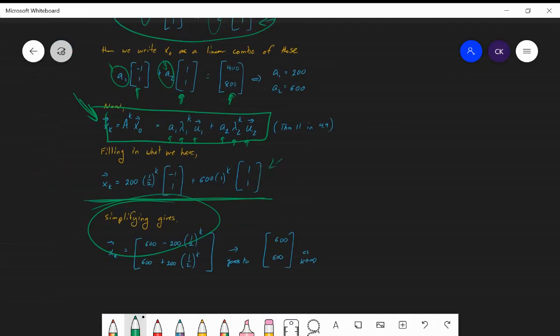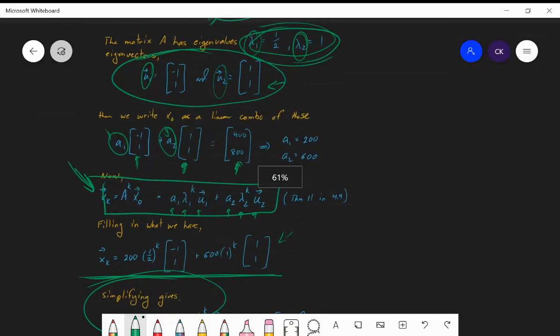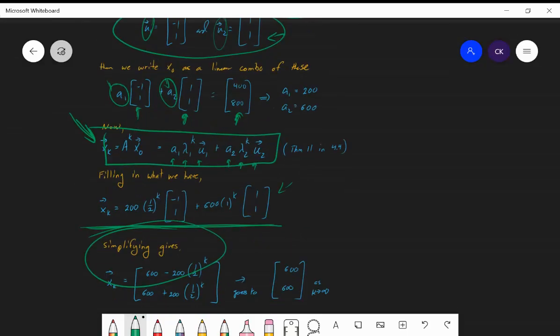Let me just see if I can create some space here for us. So here we would go ahead and rewrite this, multiplying all of this into a single vector. It would look like minus 200 (1/2)^k, and then 200 (1/2)^k times 1, which is 200 (1/2)^k.